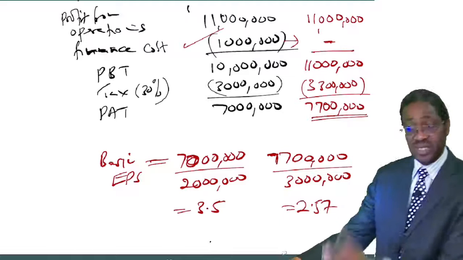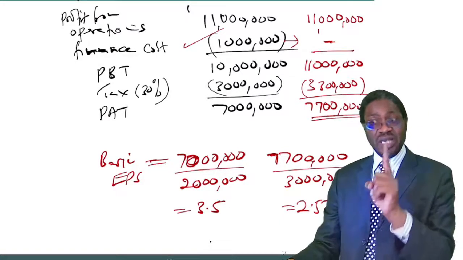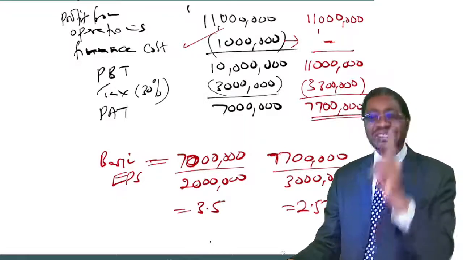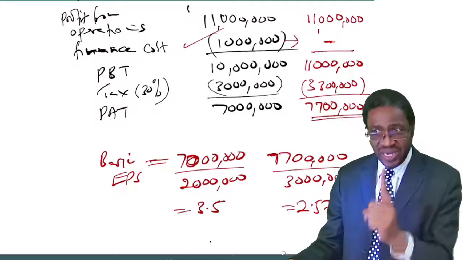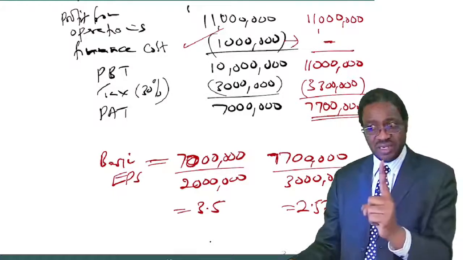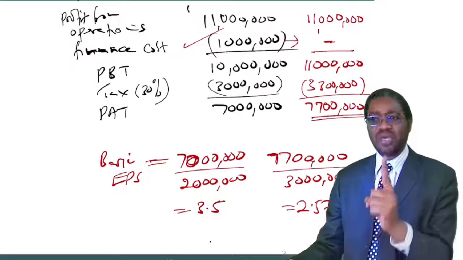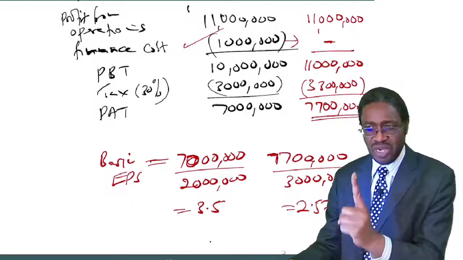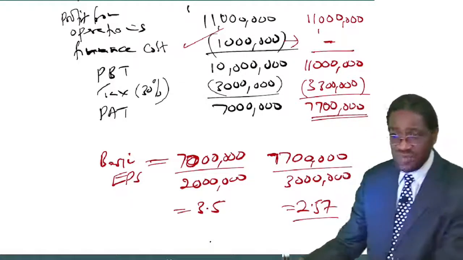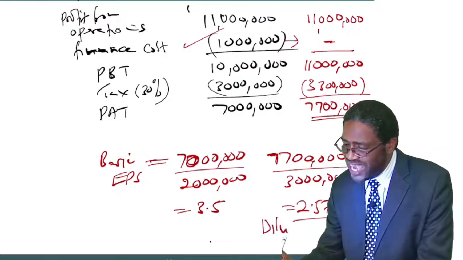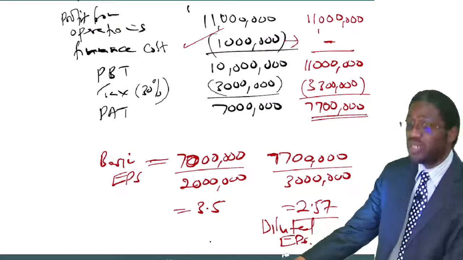So we are saying, listen carefully, if the debenture holders had converted, they have not, but had they converted, then our earnings per share would not be 3.5, but would be diluted to how much? To 2.57. So that 2.57 is now what we call the diluted EPS.